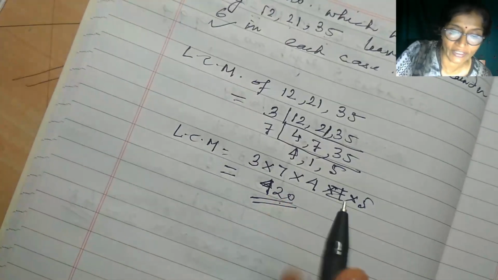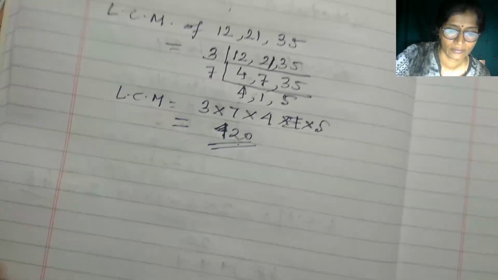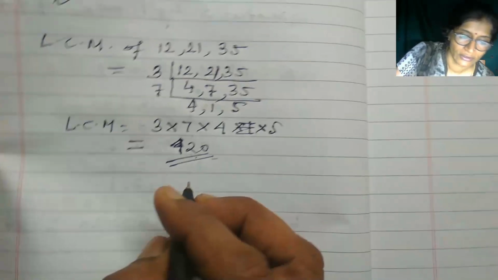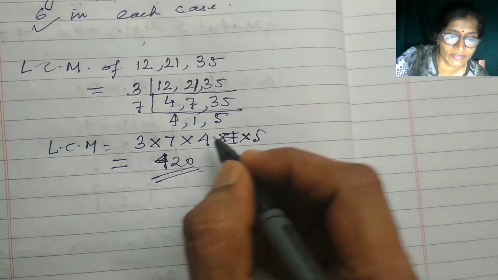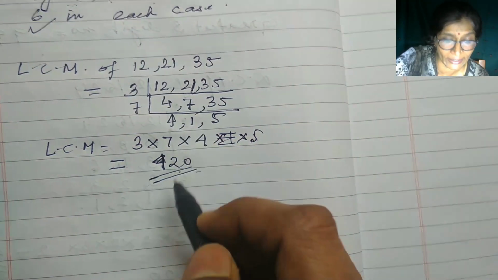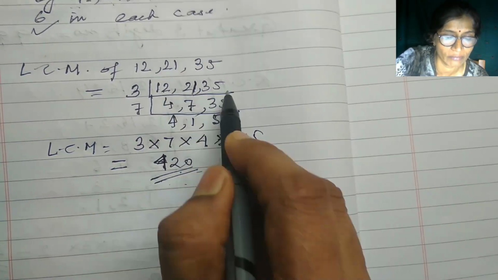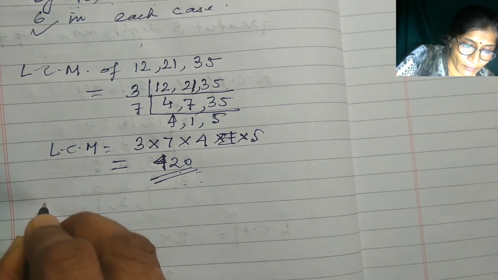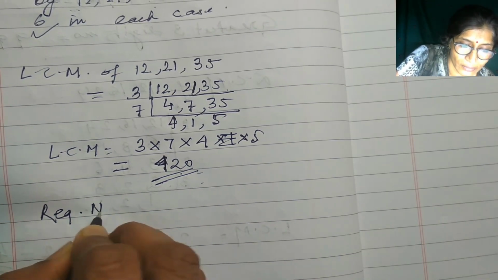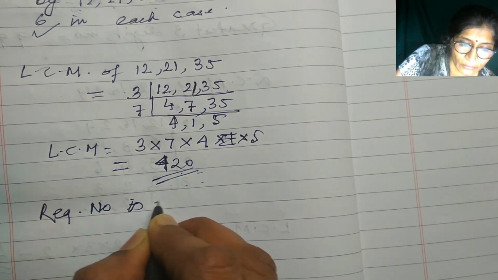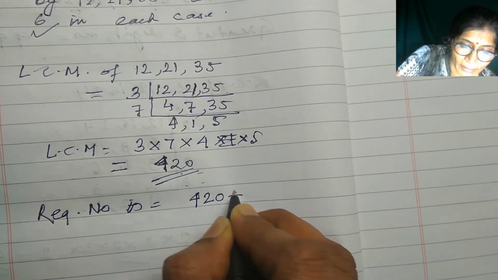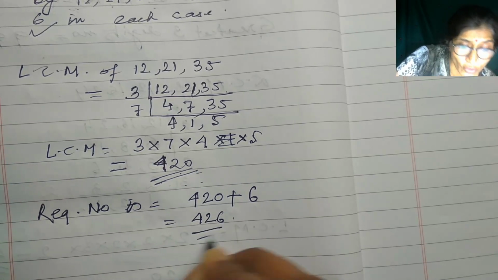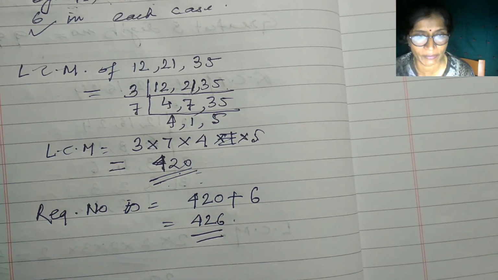So here, if I add the remainder to this 420, then when I divide that number by these numbers, it will give the remainder. So the required number is equal to 420 plus remainder 6, so 426.